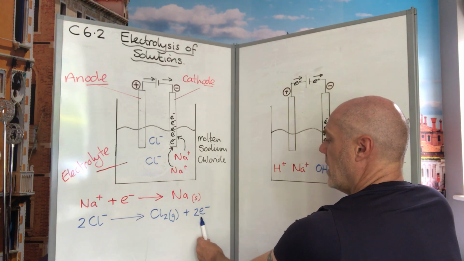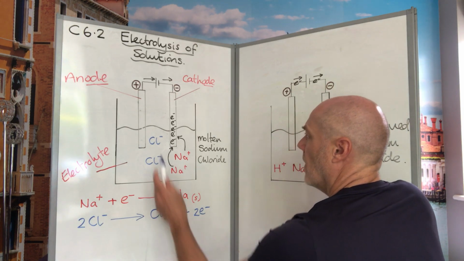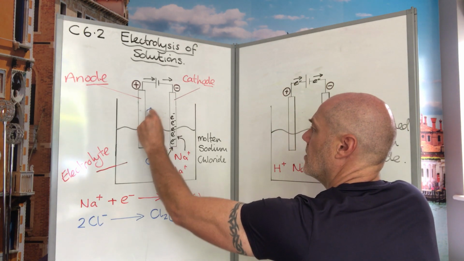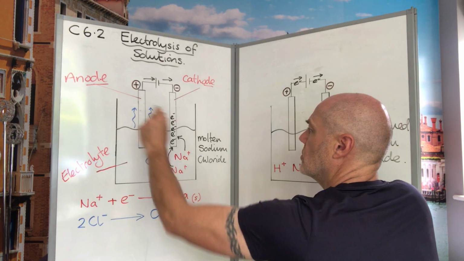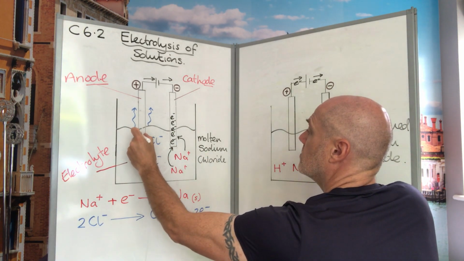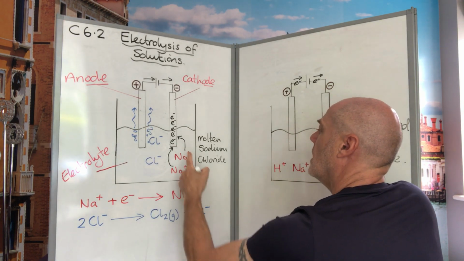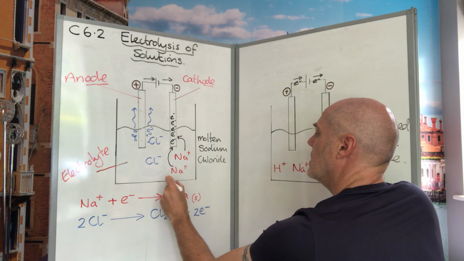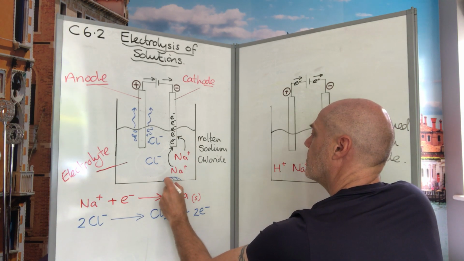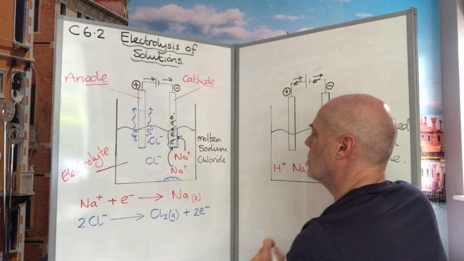So they give away their extra electrons and they form chlorine gas. And that gas is then given off at the electrode. Okay? So what you will see here is bubbles of chlorine gas escaping, and on this side you will see a deposit of sodium, or sodium coating that electrode.